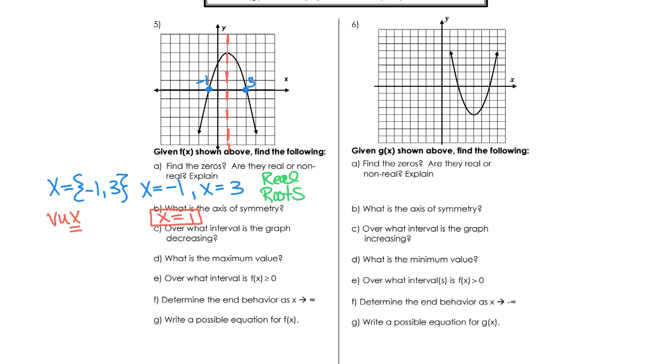Part C. Over what interval is the graph decreasing? So remember, you always read from left to right. Okay? As you go from the left side to the right side, we are going up, and so this would be increasing. And then this one here would be decreasing. And they want to know decreasing. And remember that it's always x values when we write our interval.